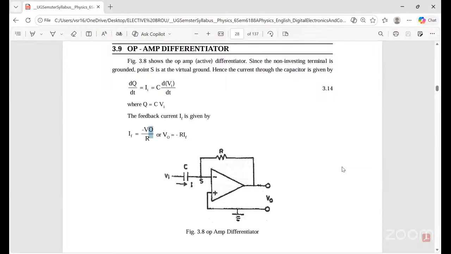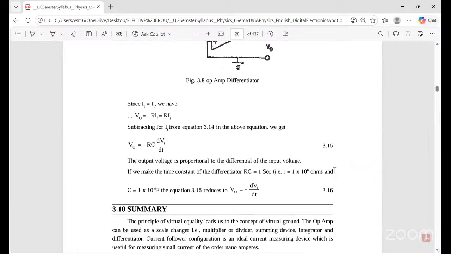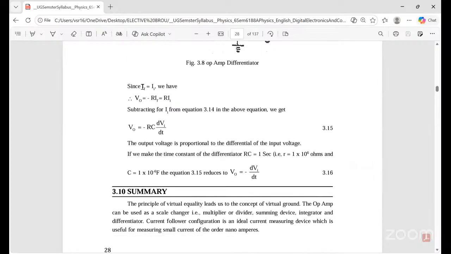This is not V. So V equals I R, or else minus R into I. Since IF equals I, in place of IF we can substitute.